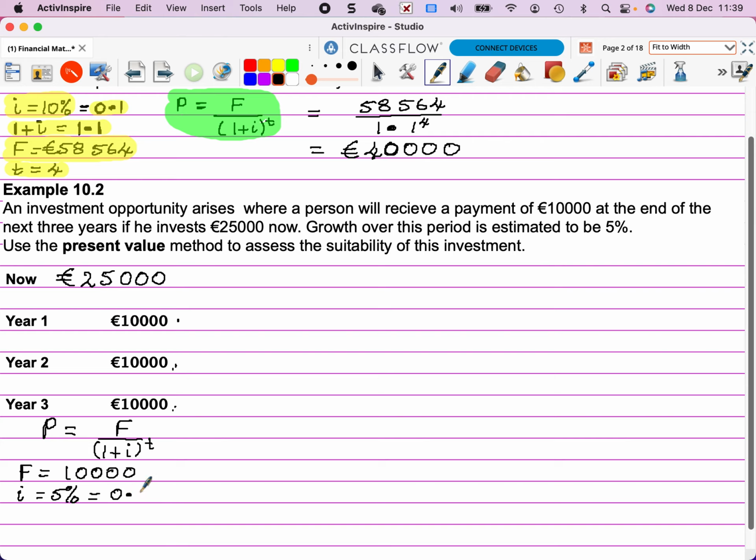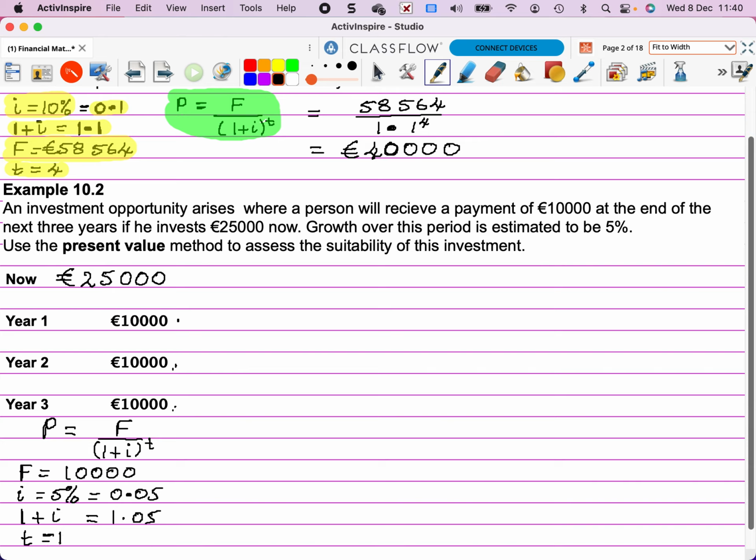It's 0.05. When we add 1 to it to get 1 plus i, we end up with 1.05. The time period, unfortunately, is not fixed. It has 3 values. The first value is 1.